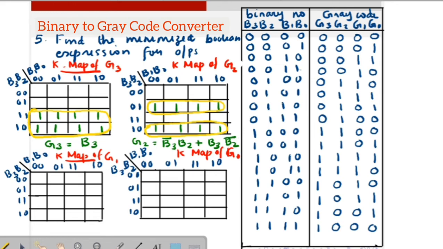Then next for G1. So we have to find the Boolean expression for G1. So G1 is equal to 1 in the cases 0 0 1 0, 0 0 1 1, 0 1 0 0, 0 1 0 1, then 1 0 1 0, then 1 0 1 1, 1 1 0 0, 1 1 0 1.